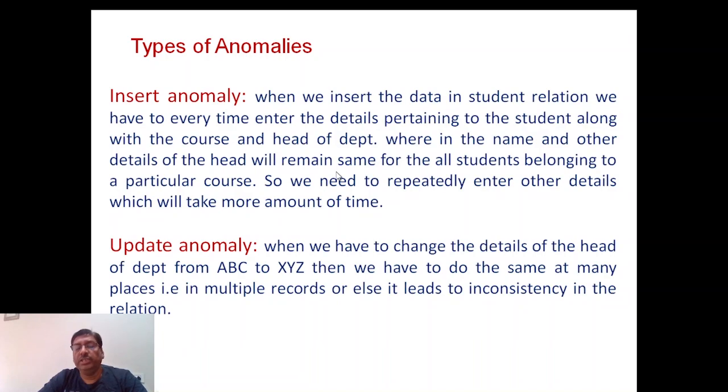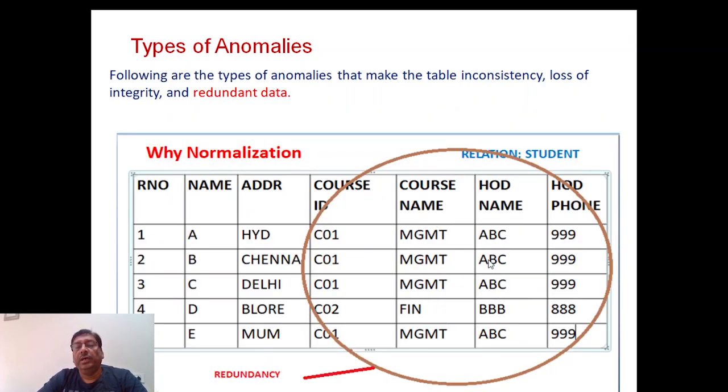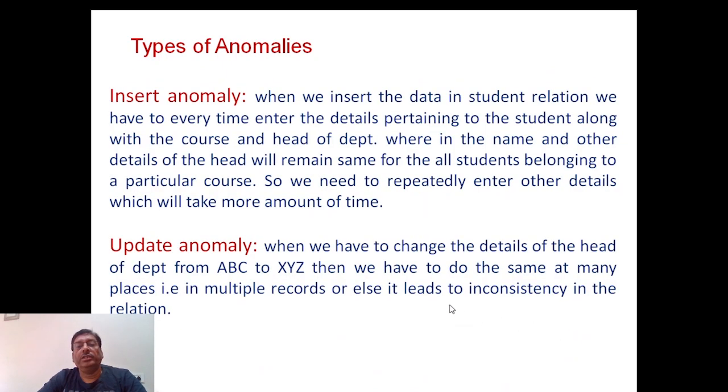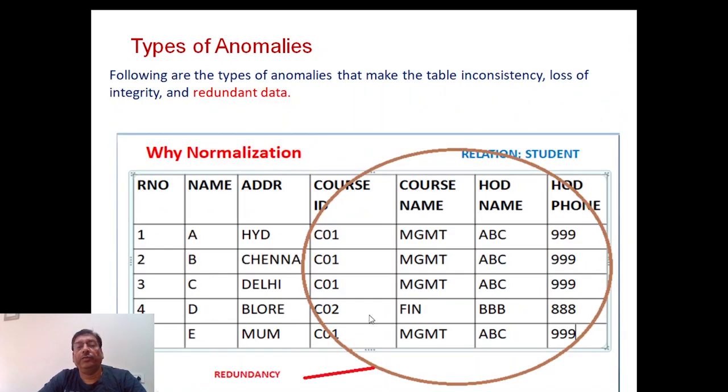And you also see that we are going to enter repeated or redundant data. So there is a lot of duplicacy in the data that we are entering. So this is where you talk about redundancy, and this is the problem we are going to face whenever we try to insert the details of a student.